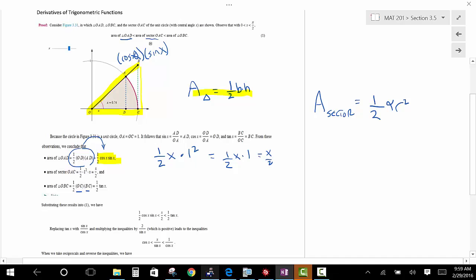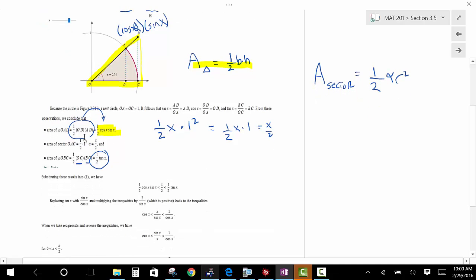The other thing on this is the tangent. If you think about the tangent, isn't the tangent opposite over adjacent? Opposite this angle x is BC, and adjacent is OC. So that's why we write that like this. Now I'm going to talk through the last step without going through the details, because again, all I'm trying to get across is an idea on this.